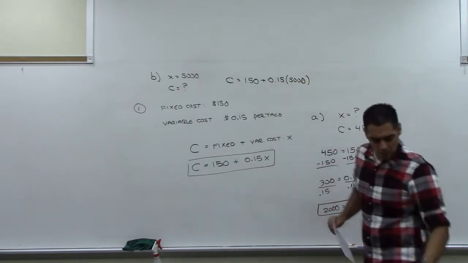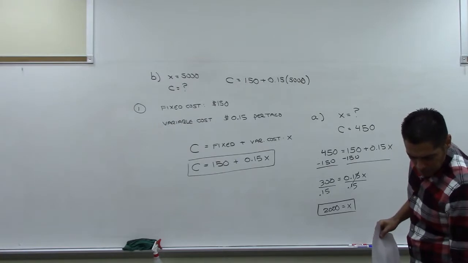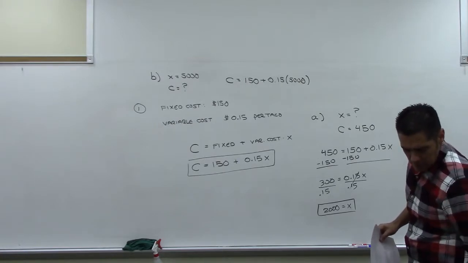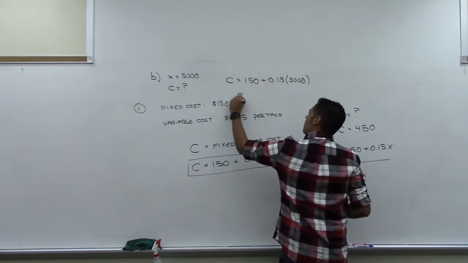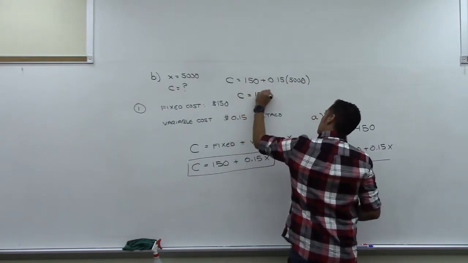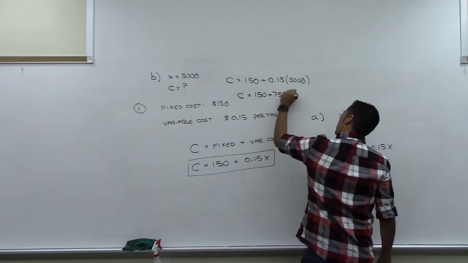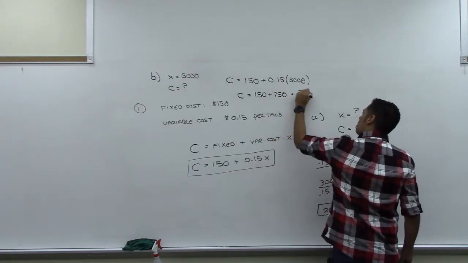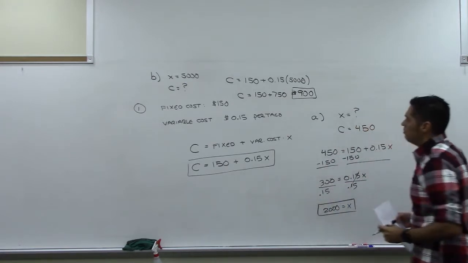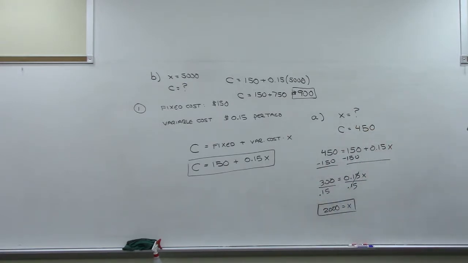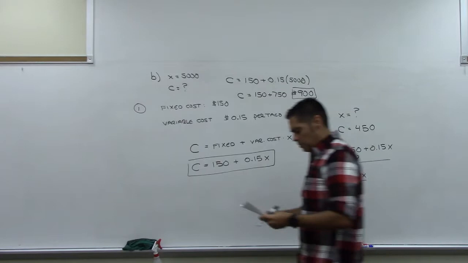So we'll go ahead and multiply 5,000 times 0.15, and that gives us 750. So we have 150 plus 750, that's 900. So it should be $900 to make 5,000 tacos. All right, that's the first problem.